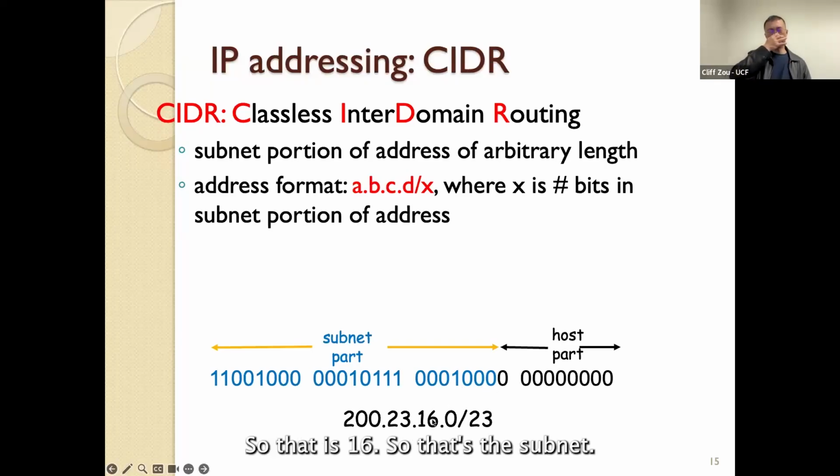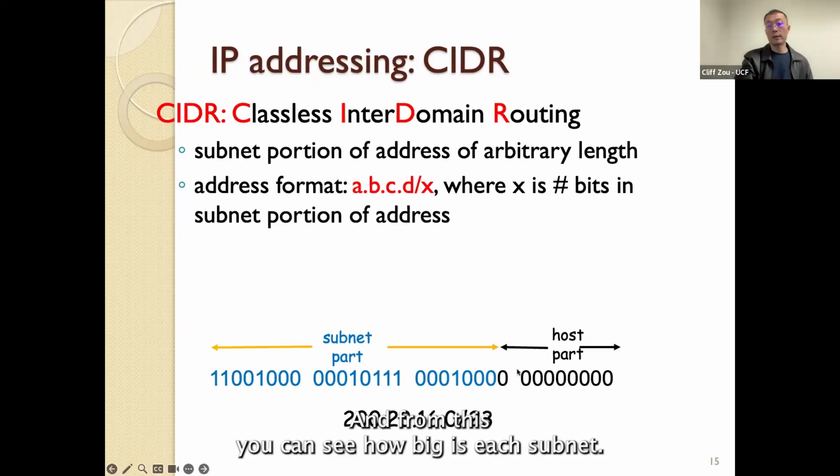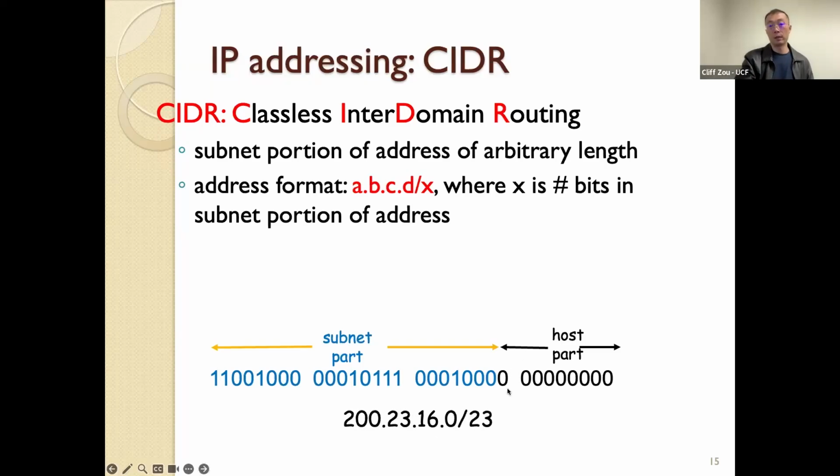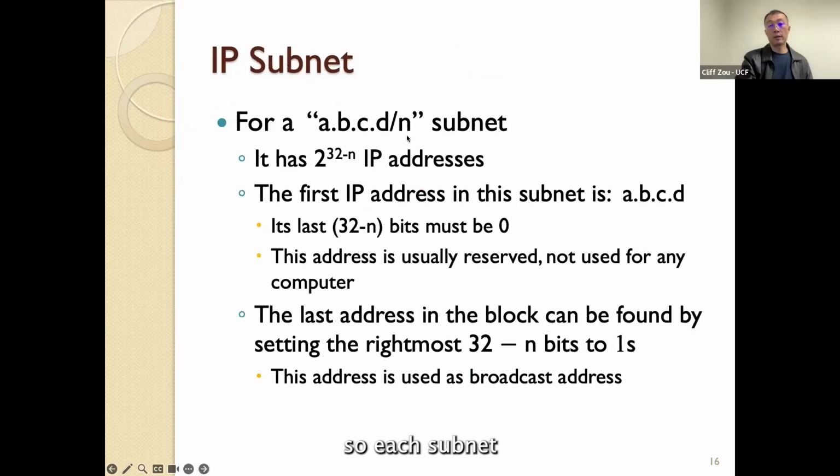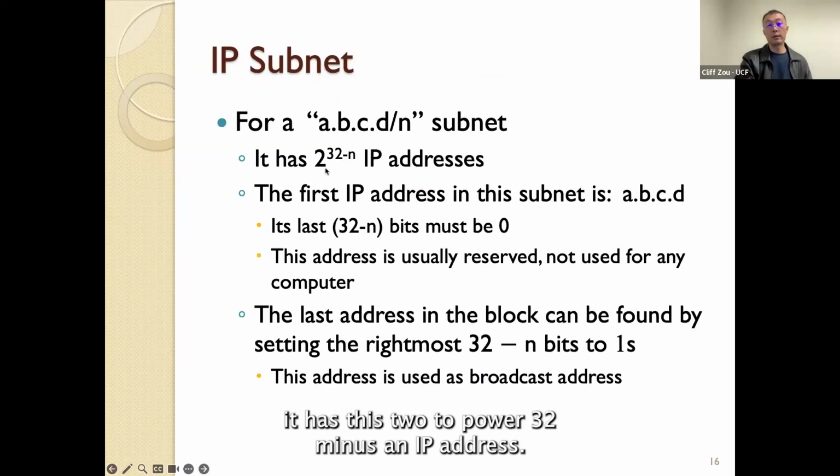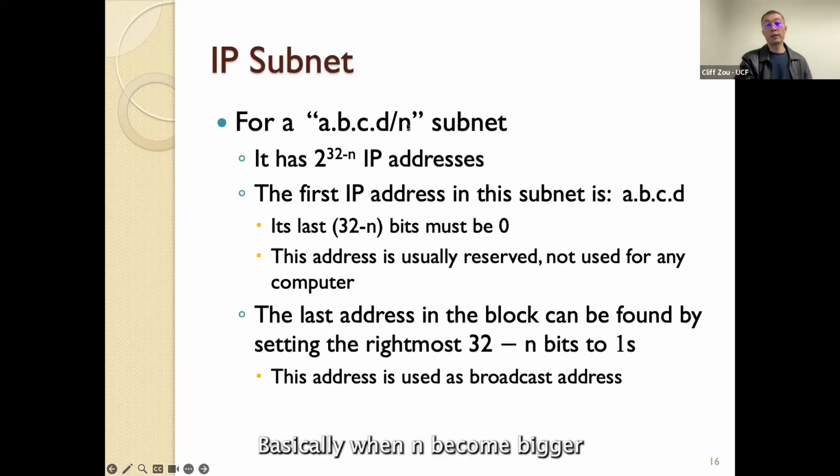So that's the subnet. And from this, you can see how big each subnet is, because in each subnet you can only change the IP address in the host bits part. So each subnet has 2 to the power of 32 minus n IP addresses. Basically, when n becomes bigger, the subnet becomes smaller.